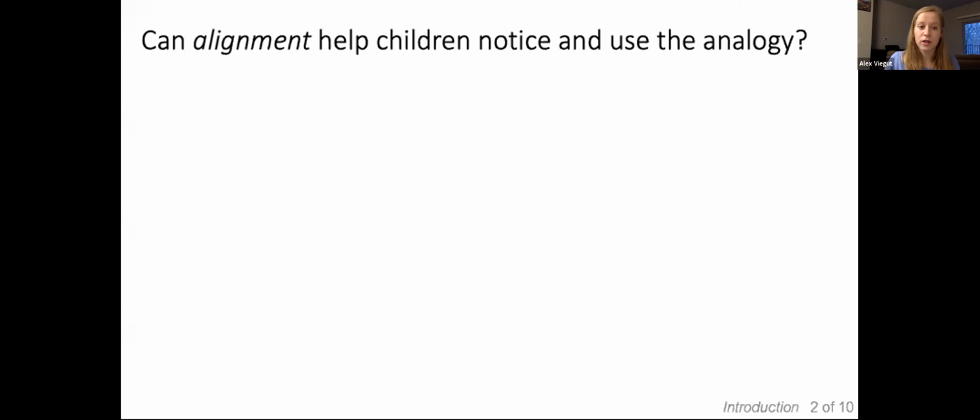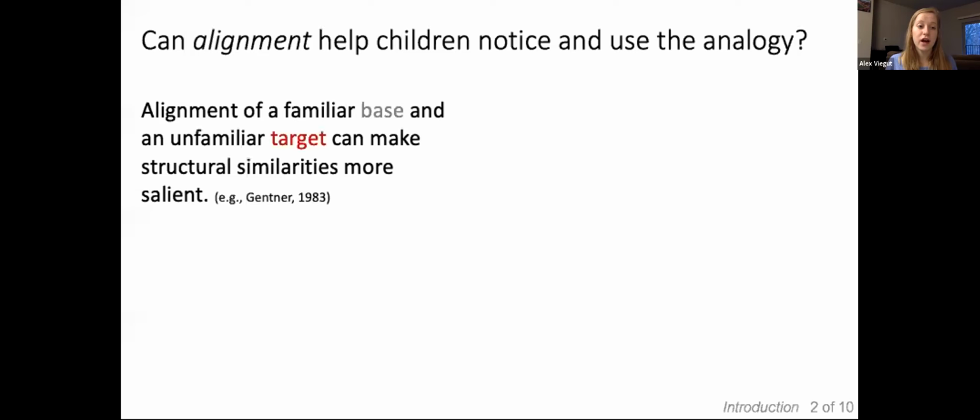Can alignment help children? So Gentner and other analogy researchers have shown that alignment of a familiar base domain and an unfamiliar target domain can make structural similarities between the base and the target more salient.